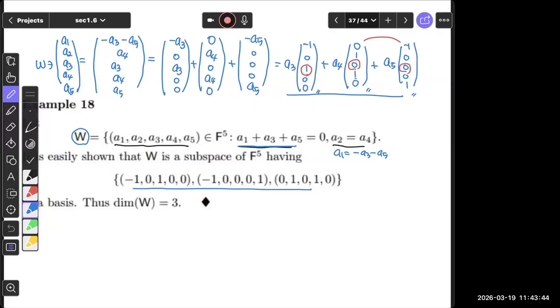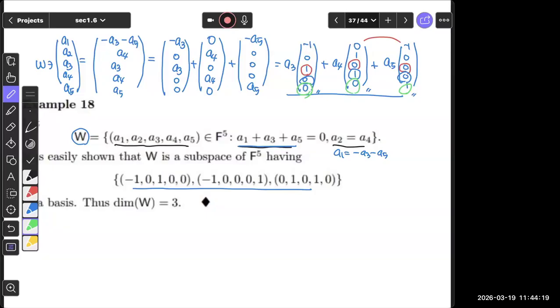Now, if I look at the fourth entry, only the second vector, the one in the middle, has a non-zero value 1, while the other two have zeros in the fourth place. So with a linear combination of the first and the third vector, you cannot generate the second one. And in the fifth entry, only the third vector has a non-zero value 1, while the other two have zeros.